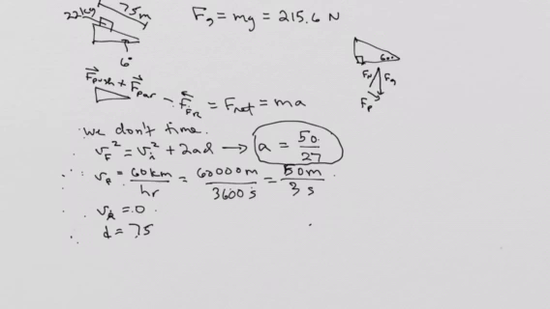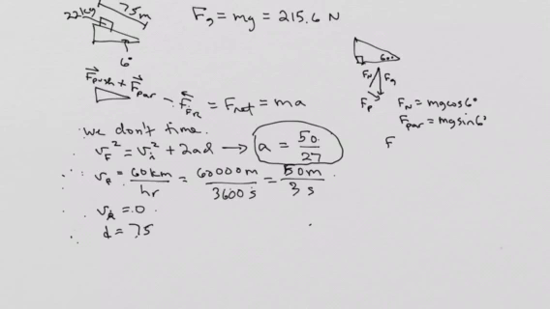We can draw little trig equations here. The normal force equals mg cosine 6 degrees. The parallel force, the part of gravity that is helping pull the bobsled down the hill, is mg sine of 6 degrees.